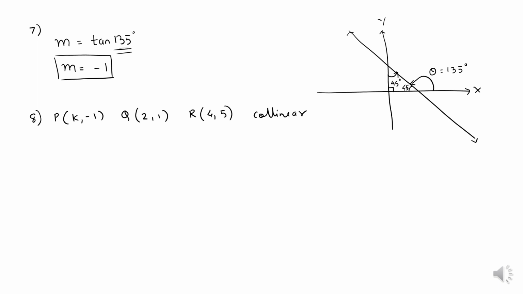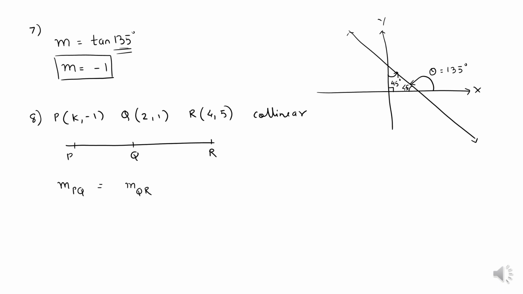If you see your 10th standard, the area of triangle PQR should come out to be 0 because the points are collinear. But since we are in 11th standard, if you want to use the slope concept, since P, Q, R are lying on the same straight line, the slope of PQ should be equal to the slope of QR.